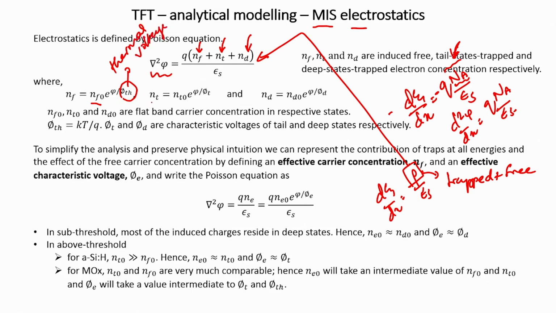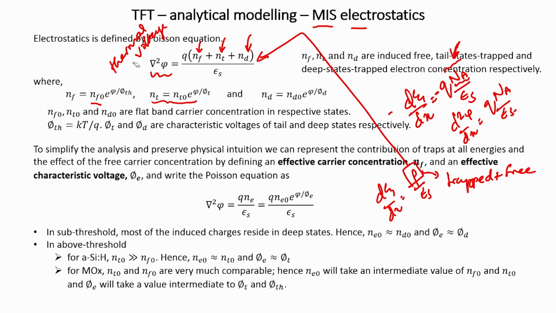The trapped carrier concentration in the tail states will have an e to the power phi by phi t term, where this is the characteristic voltage of the tail state trapped charge, and the deep trapped charge carrier concentration will have an e to the power phi by phi d term, where phi d is the deep state characteristic voltage.